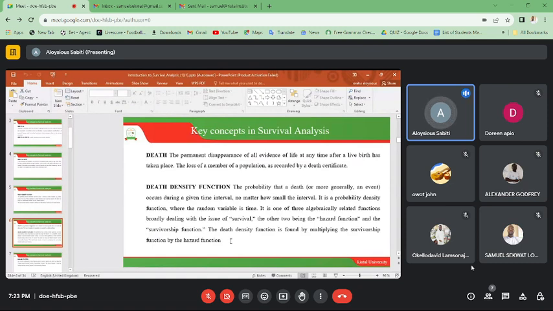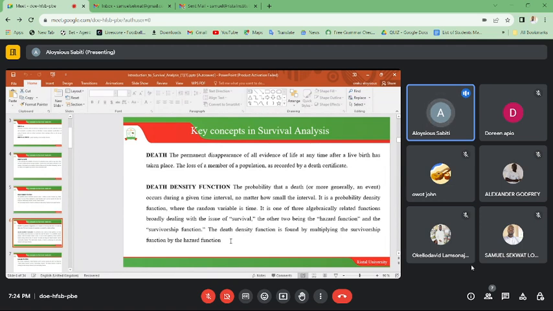Secondly, we're looking at the death density function, the probability that a death, or more generally an event, occurs during a given time interval. No matter how small the interval, it is a probability density function where the random variable is time.